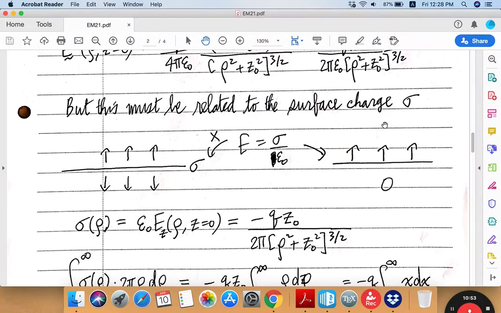And if you recall what you learned from applications of Gauss theorem a long time ago, then actually the strength of the electric field on the surface is telling us exactly how much charge density is sitting on top of that conducting surface. So by application of the Gauss theorem, we can deduce that the surface charge density divided by the dielectric constant must be that electric field along the z direction. Okay.